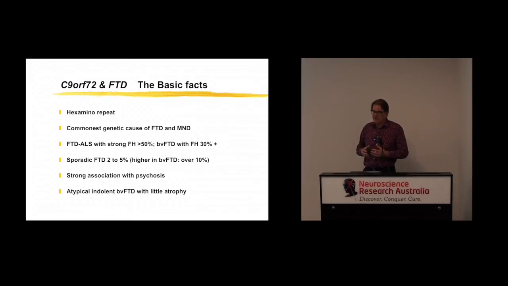The FTD patients with the C9 mutation have a high rate of psychotic behaviour. So another clue to us is when we see a patient with FTD, they've had psychotic features at some stage, they may have other family members who've been diagnosed with psychosis, and we find this gene defect. And some of these patients present rather atypically with a long, slow, indolent course.